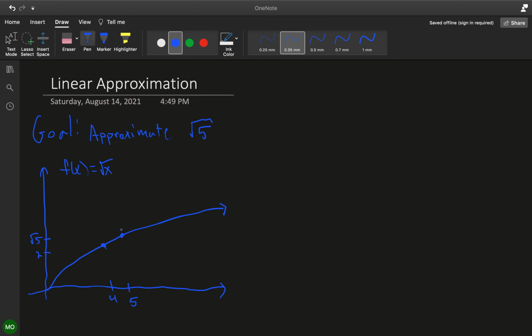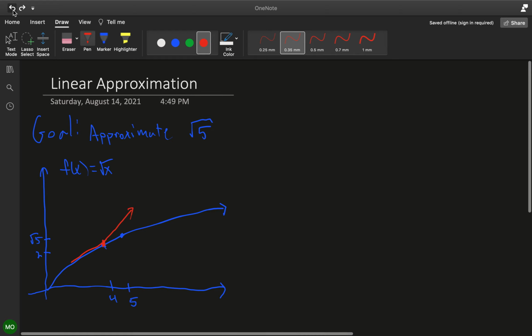So the idea here is we're going to use a line at a nearby neighbor of 5, and because we're looking at a tangent line constructed at a nearby point, it should be a reasonable approximation. So here we're going to pick the point 4, 2 to construct our tangent line. That's a crooked tangent line.